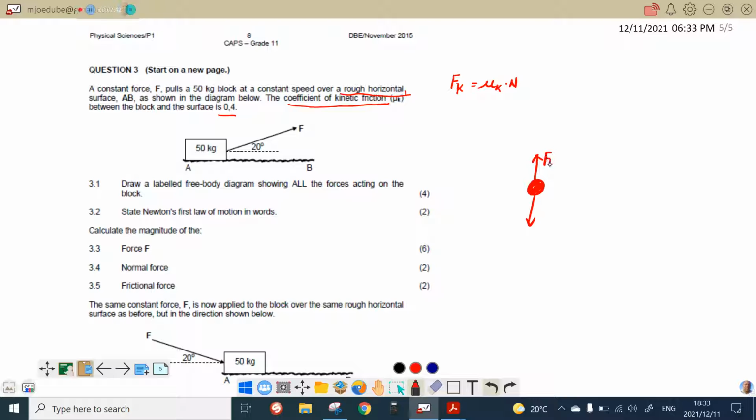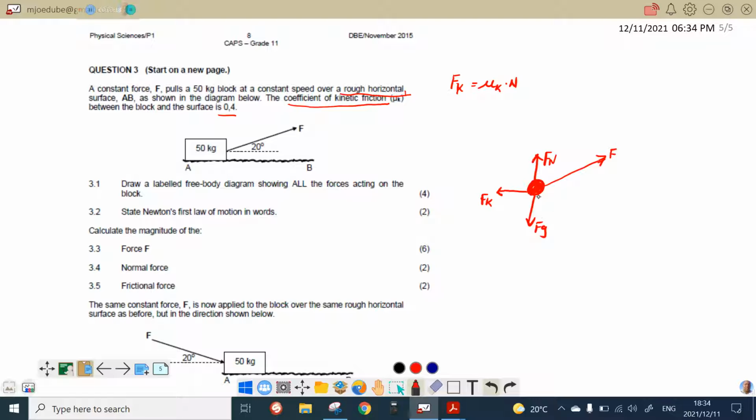You also have, because it's moving on a rough surface along the horizontal, a frictional force, which can be referred to as your kinetic friction, Fk, and then you also have the force that is applied, and that force that is applied is acting at an angle of 20 degrees. So as it is, it's good enough to just show it like that, and so there is your F.